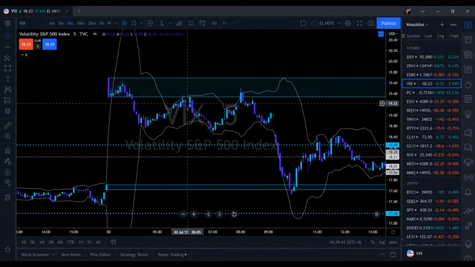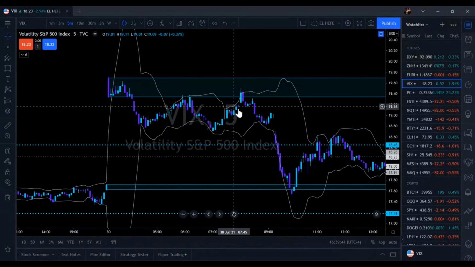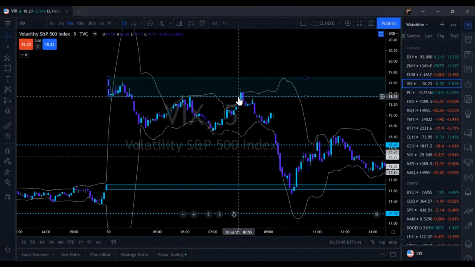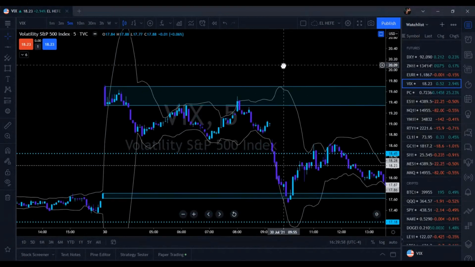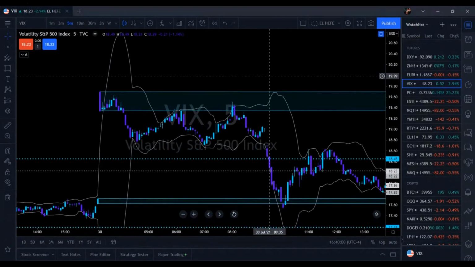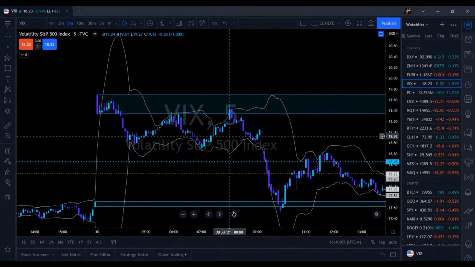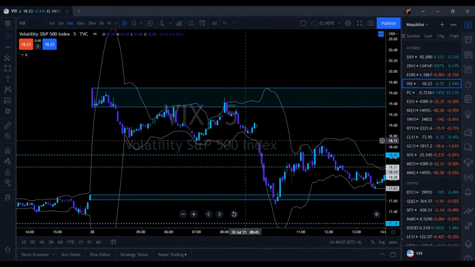Well, it was about right in here where I changed my mind and I flipped the script and went back long, and I was able to recover and keep myself from losing money by knowing that we weren't pushing into new territory in terms of higher volatility, and most likely wouldn't be going back to the downside. More likely to go to the upside, grind up, or go sideways, and that's kind of what we did.